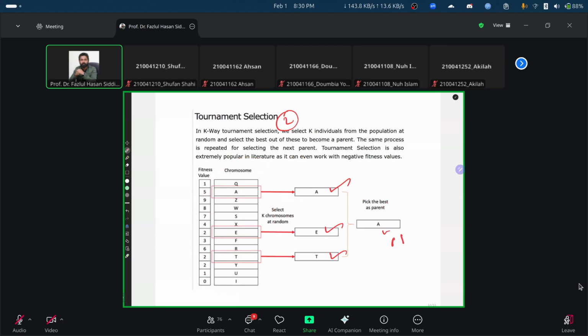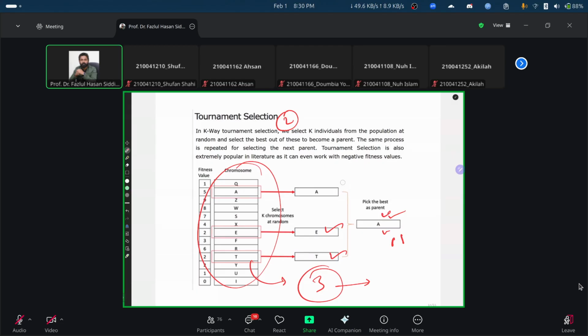Similarly, go for the second iteration. Again, from the existing population, the set of chromosomes, without the parent that already won, pick another three randomly. And then from those three contestants, just pick the best parent.